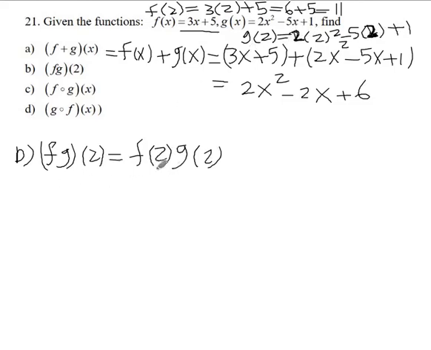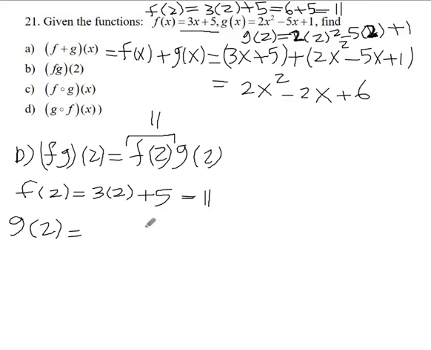So far we find f of 2 is equal to 3 times 2 plus 5, because f of x was 3x plus 5. So that came out to be 11. G of 2, we said that is equal to substituting 2 for each x in the g function.